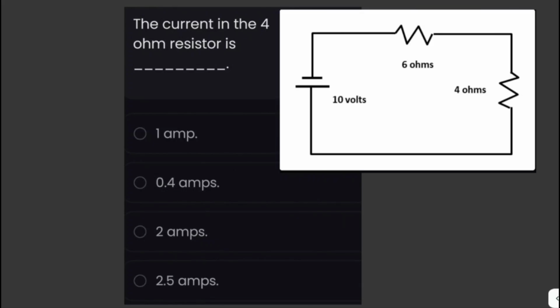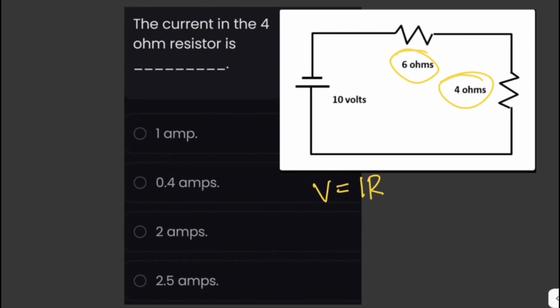The current in the 4 ohm resistor is, so we're given here the figure. We can use Ohm's law, which is voltage equals current times resistance. So the total resistance in the circuit is 10 ohms, 6 plus 4, so we add up the resistance for series resistors.